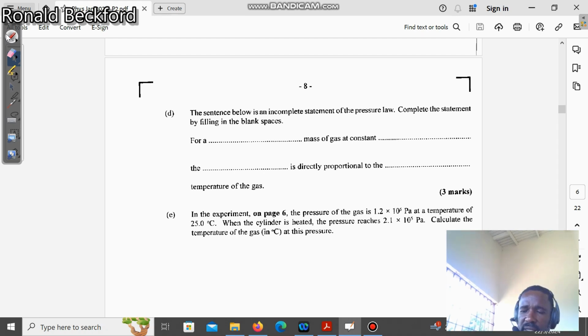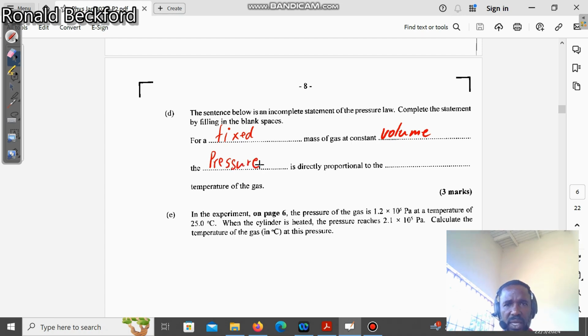For a fixed mass of gas at constant volume, so remember the volume must be constant, the pressure is directly proportional to the absolute temperature of the gas.